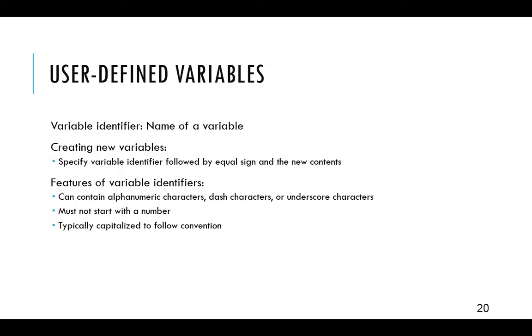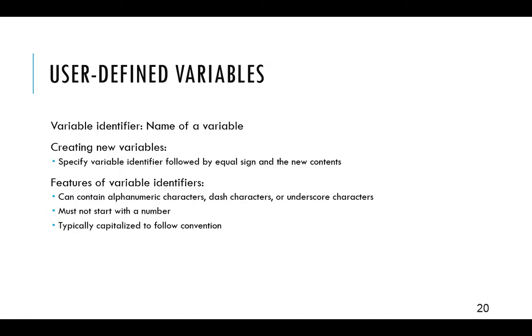Variable identifier, pretty simple. It's just the variable name, right? Can you create new variables? Absolutely. You just have to specify the variable name and then give a value for it. You can't create a variable without a value, or it wouldn't work. You have to have both.